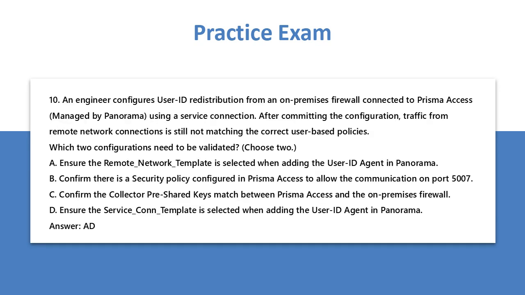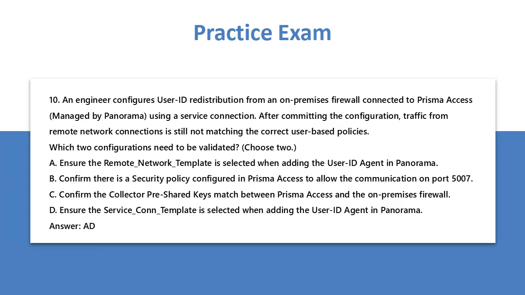10. An engineer configures user ID redistribution from an on-premises firewall connected to Prisma Access, managed by Panorama, using a service connection. After committing the configuration, traffic from remote network connections is still not matching the correct user-based policies. Which 2 configurations need to be validated? Choose 2. A. Ensure the remote_network_ template is selected when adding the user ID agent in Panorama.